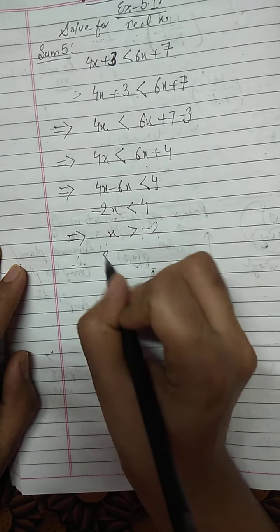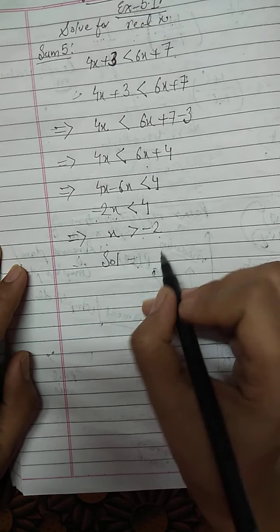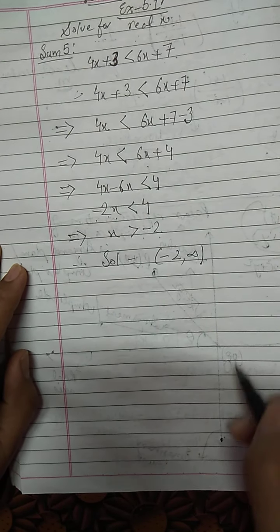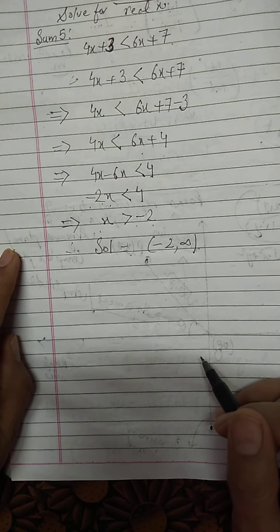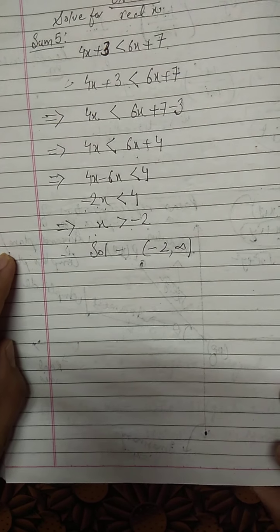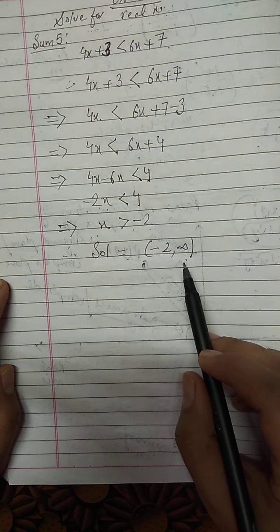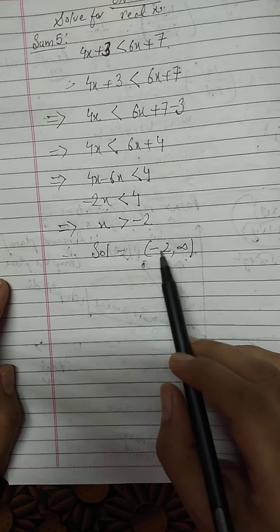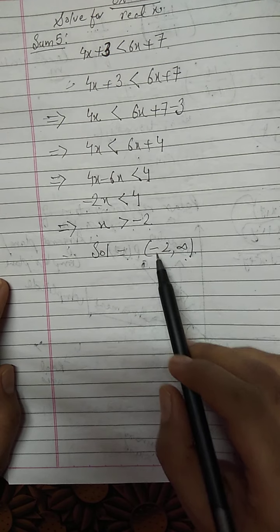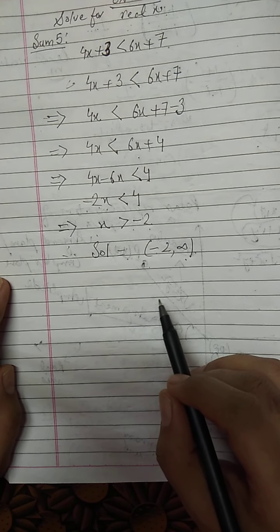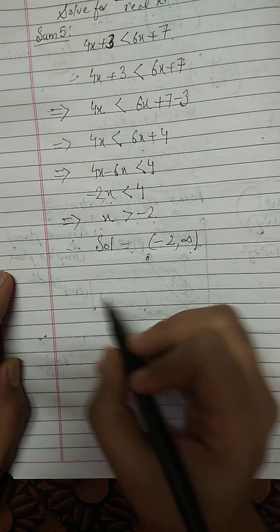So therefore the solution will be equal to minus 2 to infinity. This will be our solution. So this is our sum number 5, where the solution is the open interval minus 2 to infinity. That means all the real numbers which are greater than minus 2. Similarly, you people can do sum number 6, and now we will do sum number 7 here.